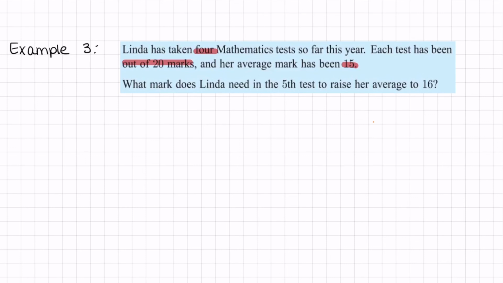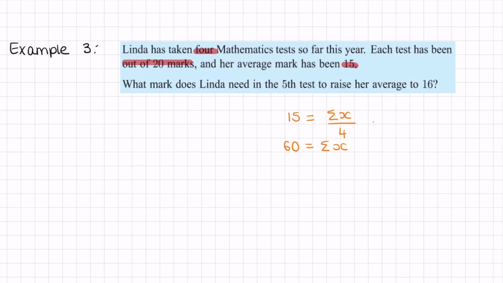So her average was 15, so the mean equals 15, and we're trying to work out what the sum was, and it was out of 4 tests. So her sum, you do 15 times 4 when we rearrange, had to have been 60 for her average to have been 15.